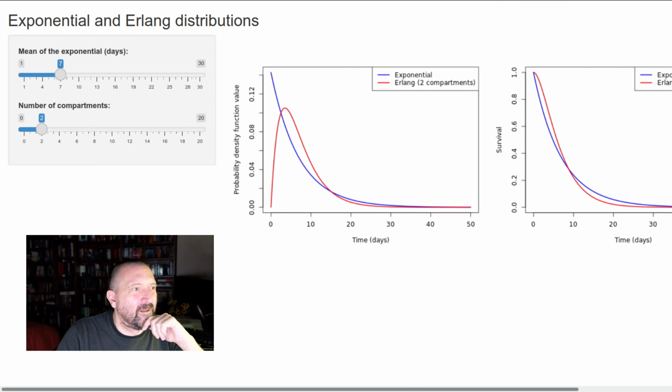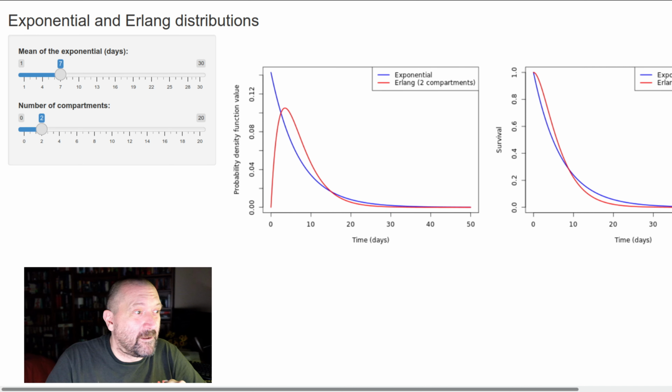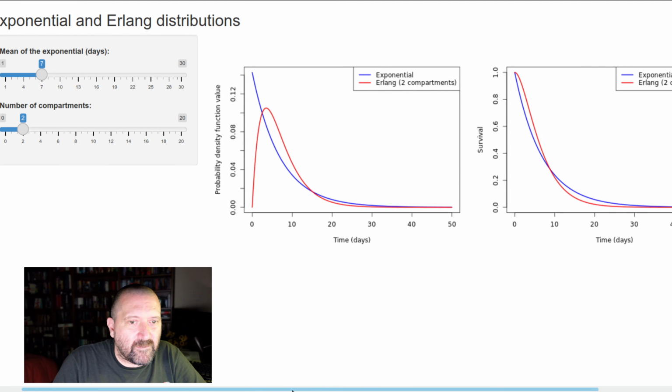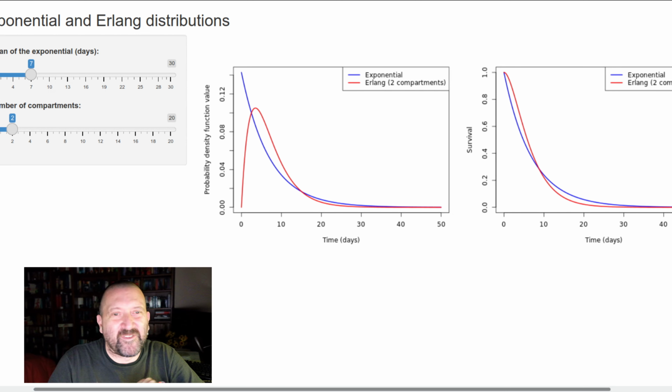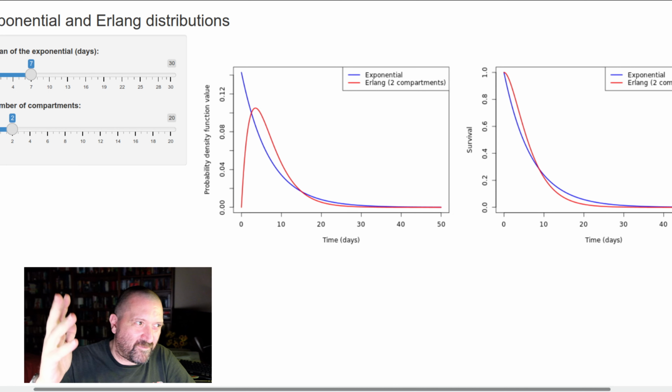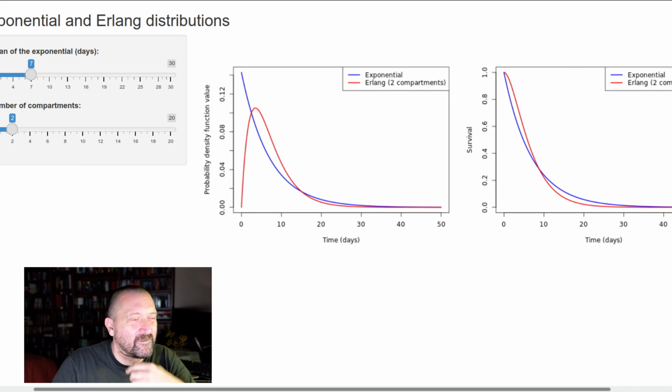This is, by the way, a Shiny app running on some remote server that is called by the slides. I will show you how to make this type of thing when I describe R.